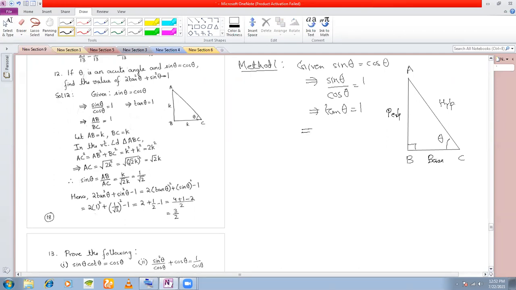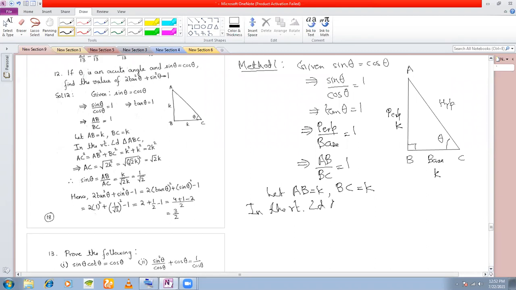Okay, so that means perpendicular by base is equal to 1. And what is the perpendicular? AB. Base is BC, equal to 1. I say let AB is equal to K and BC is equal to K. Okay, so this is K, this is K. So I can find out the hypotenuse from Pythagoras theorem in the right angle triangle ABC.